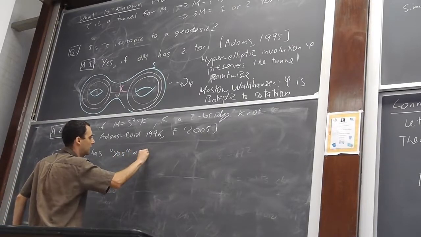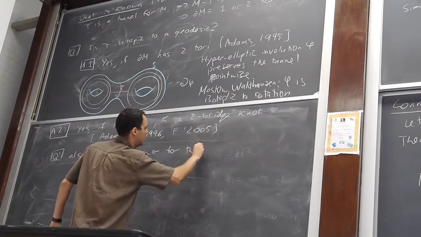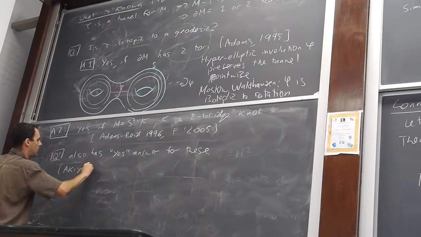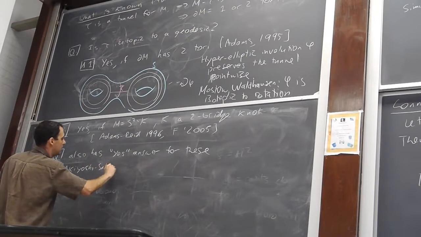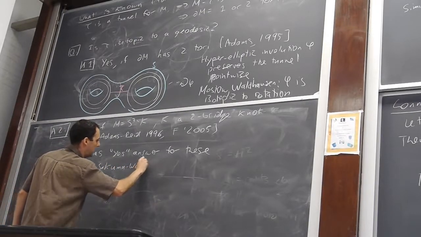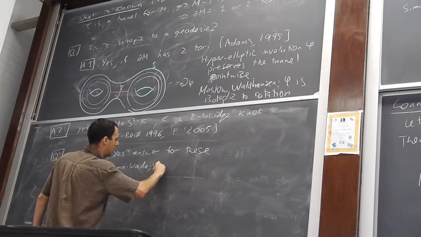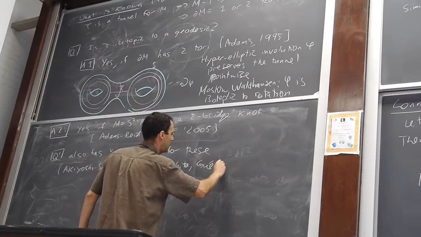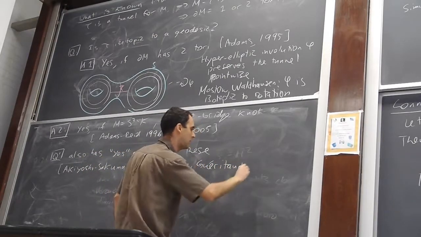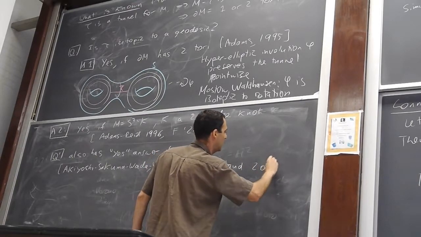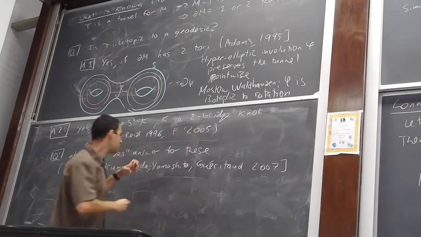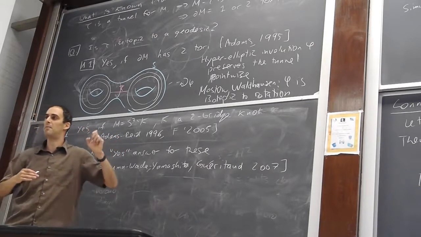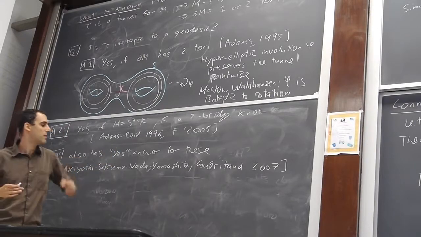For these, this is due to Sakuma, Weeks, Yamashita. So 2-bridge knots are very special. For those guys, they're all edges of canonical. I won't say very much about the proof of this.